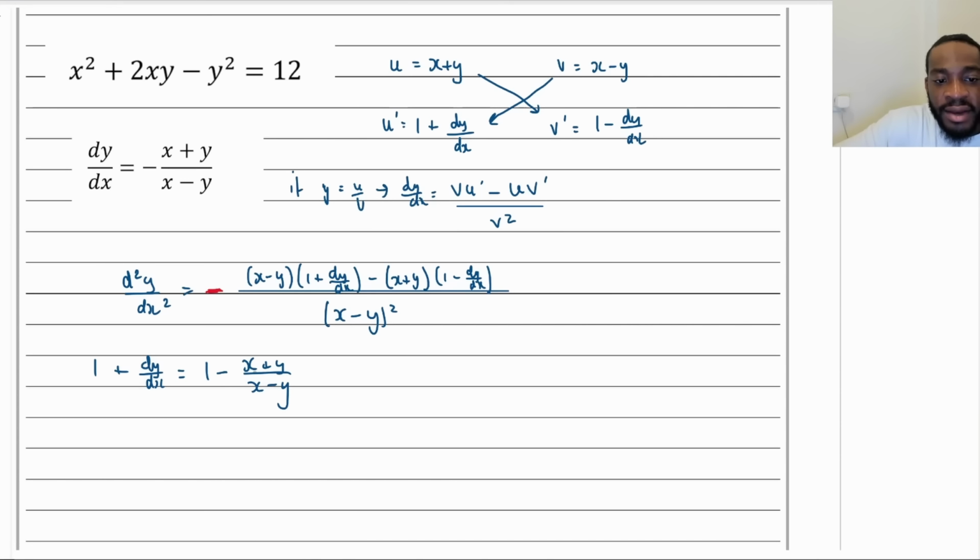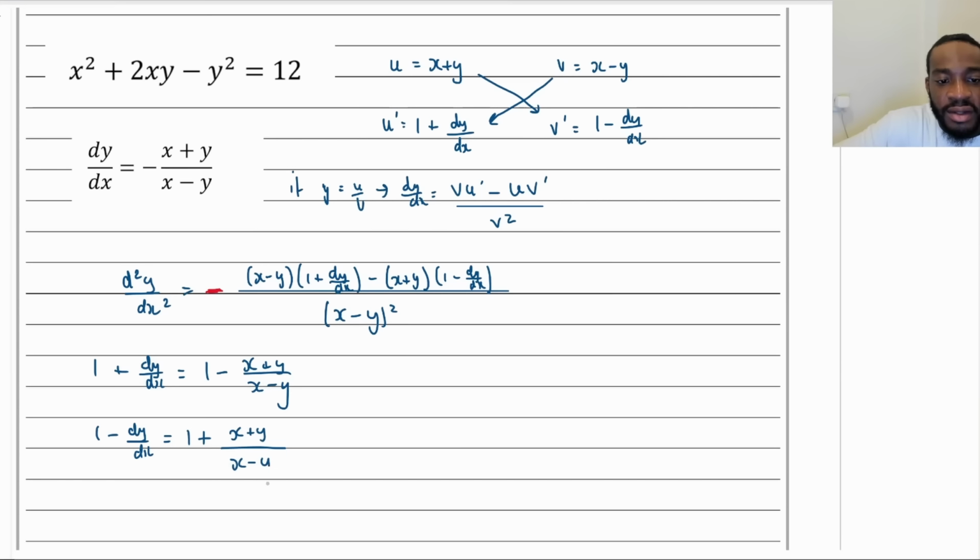Before I simplify, let's do the other one as well. 1 minus dy/dx is going to equal, there's 2 minuses, isn't it, right? If I put a minus in front of there, it'll be 1 minus and then minus that x plus y. So it will just flip to a plus within it.